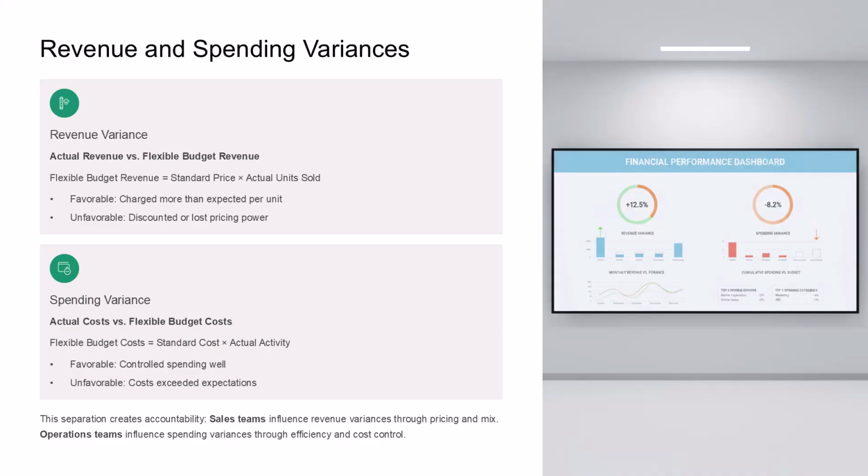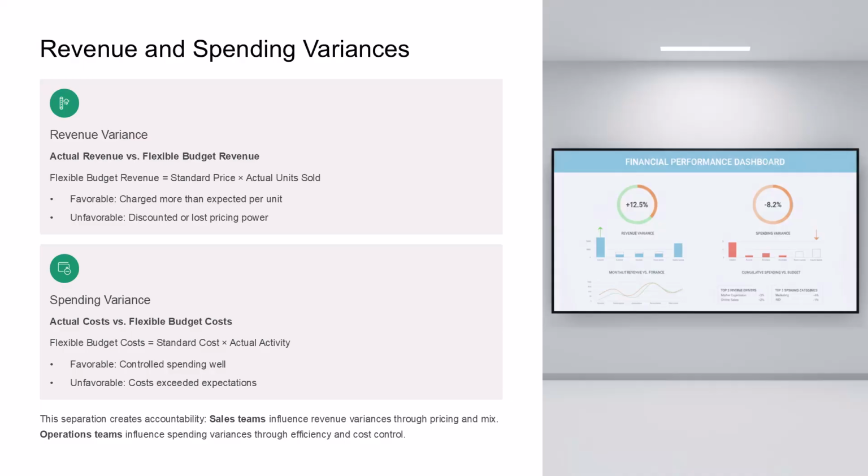His spending variances on gas and labor were unfavorable. Those are operational cost control issues. Maybe he needs better fuel management or scheduling. See how the analysis directs attention to specific problems? That's strategic, that's actionable. As Peter Drucker taught us, you can't manage what you don't measure. Revenue and spending variances give you the measurements that make management possible.